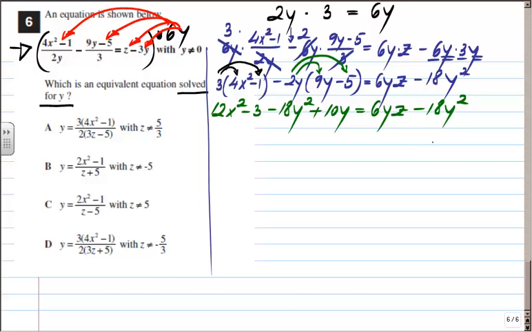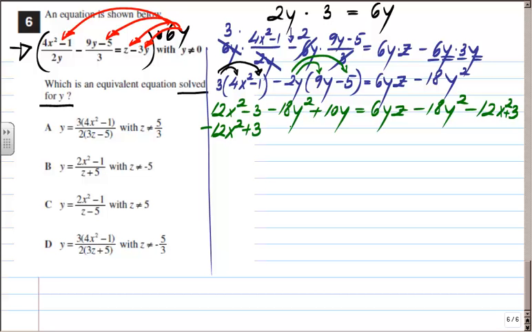Okay, now let's simplify this and move every term that has a y, y squared or yz in it, on the left side and everything else on the other side. So 12x squared has to be moved, and I will take away 12x squared from both sides. Minus 12x squared. That 3 should go away too, and I can make it 0 by adding 3 to both sides.